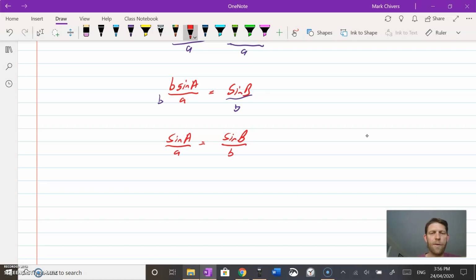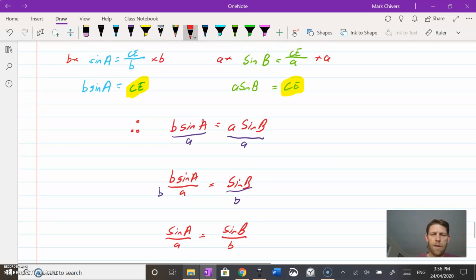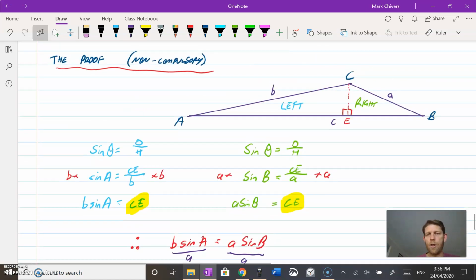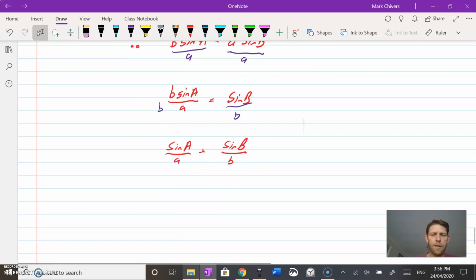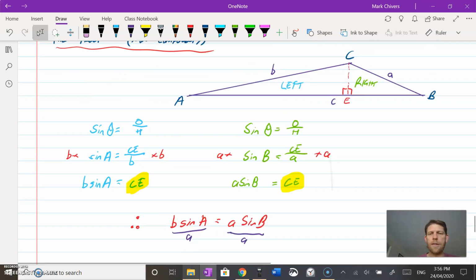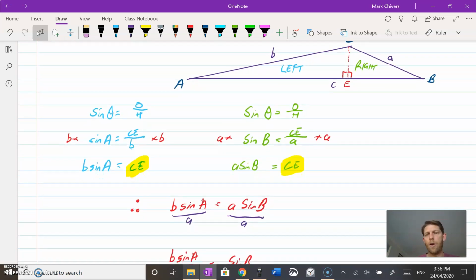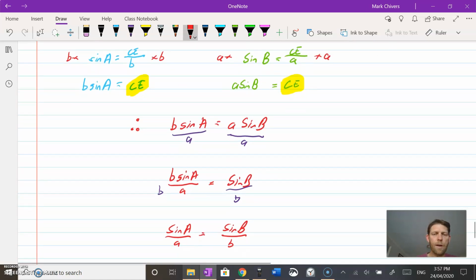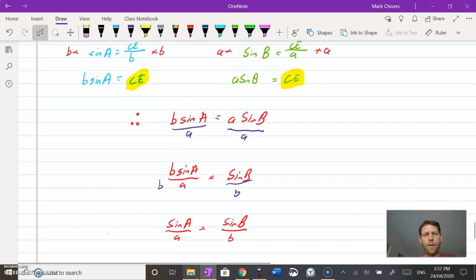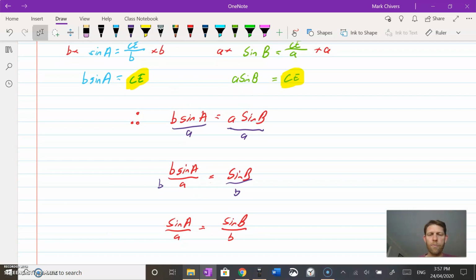Of course, remembering that if we flip that upside down, it's still going to equal the same thing. And we can use that same basic setup to also prove that that is equal to sine C on c. We would create a 90-degree angle up to point B and work it out that way from that line. But yeah, that's essentially the basic theory behind why the sine rule works.